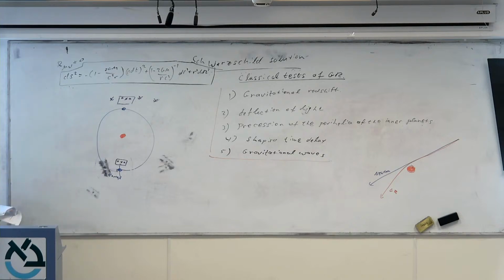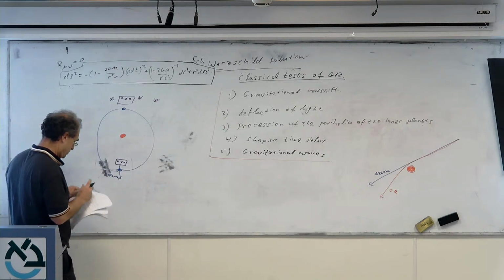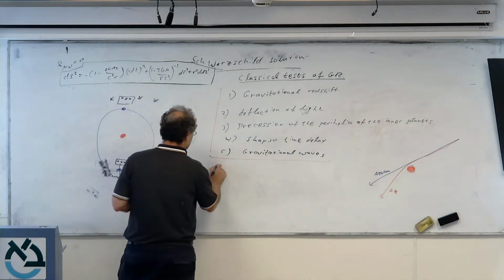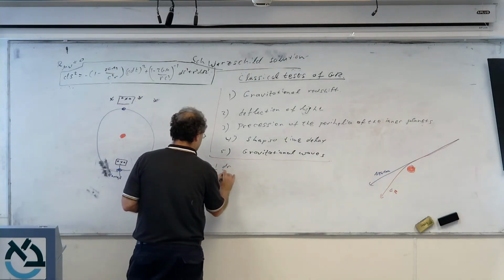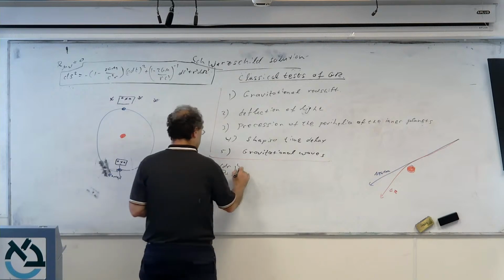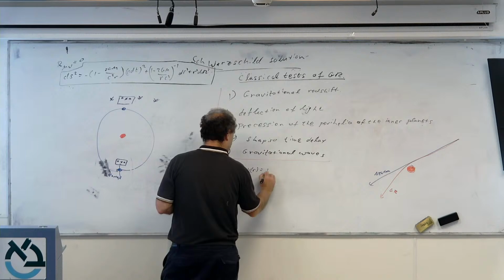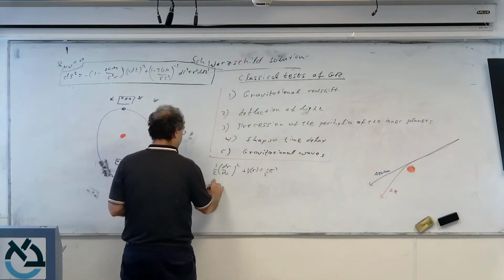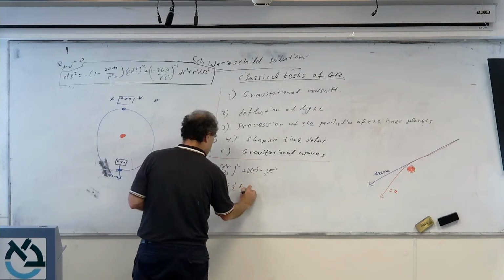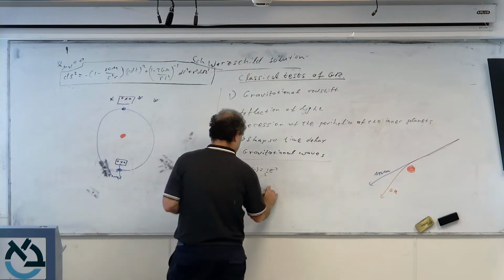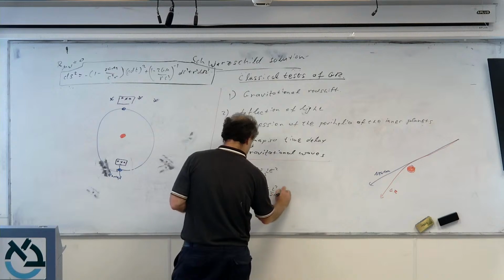Now I finished erasing it, so let me write it back again. So we had the equation of motion: 1/2 (dr/dλ)² + V(r) = 1/2 E², where V(r) we wrote as 1/2 εGM/r + L²/2r² − GML²/r³.